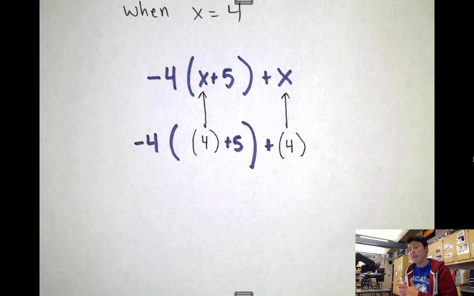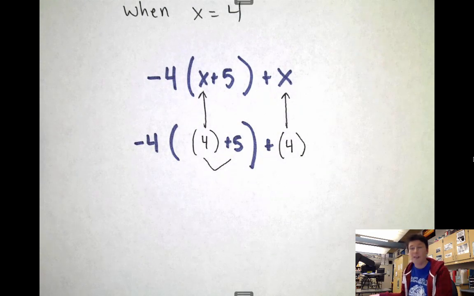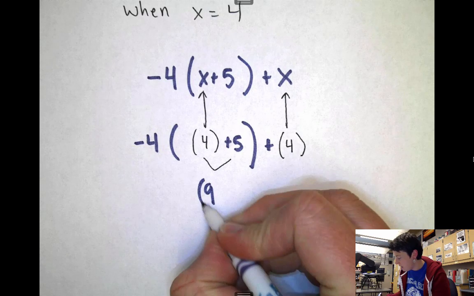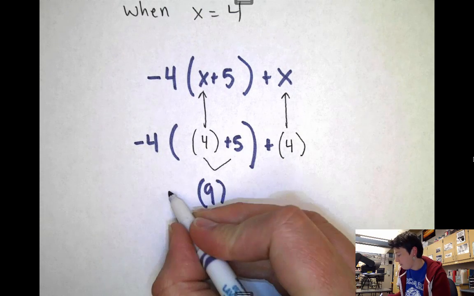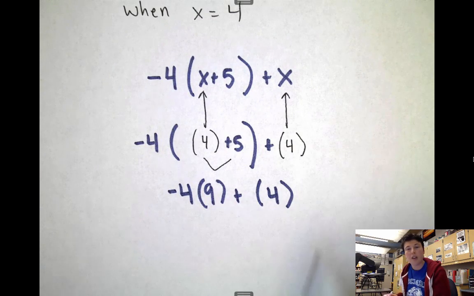So let's do order of operations. PEMDAS says do parentheses first. So I'm going to go inside here and do 4 plus 5. 4 plus 5 is 9. So I get 9 inside of there. And remember, there was a negative 4 on the outside, and there was a plus 4. So I just copy the problem.